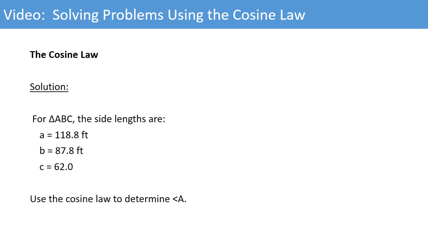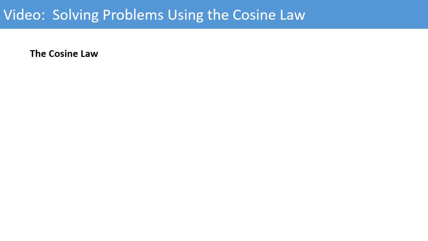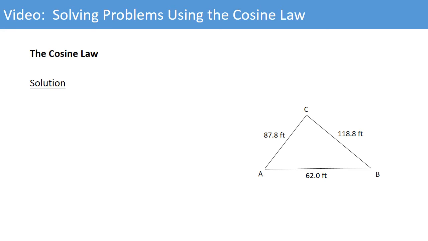Use the cosine law to determine the measure of angle A. Now, take the formula from the cosine law and rearrange it. We'll get cos of A is equal to b squared plus c squared minus a squared, all divided by 2bc.